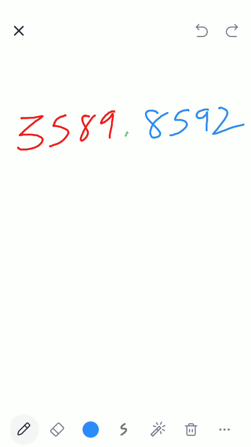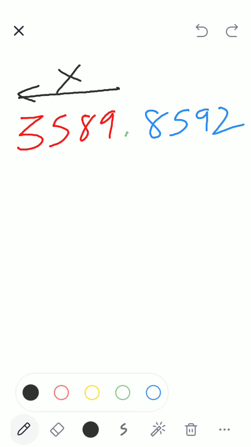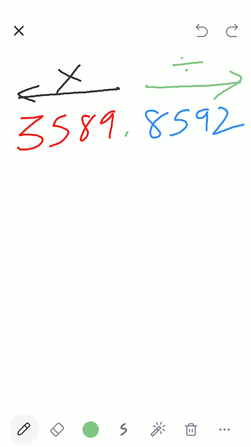So what happens when I give you a number? Suppose I gave you a number 3,589.8592. From the decimal point to the left is always multiplication, and from the decimal point to the right is always division.